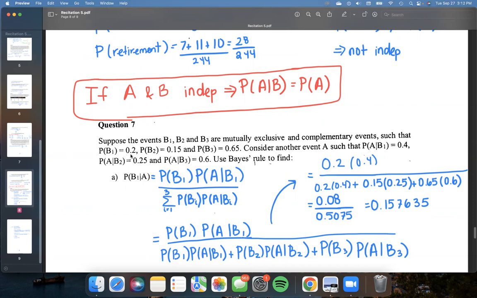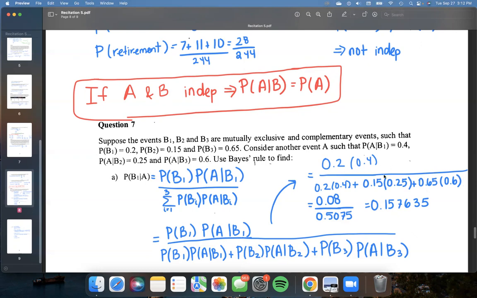We have 0.2 times 0.4, plus 0.15 times 0.25, plus 0.65 times 0.6.